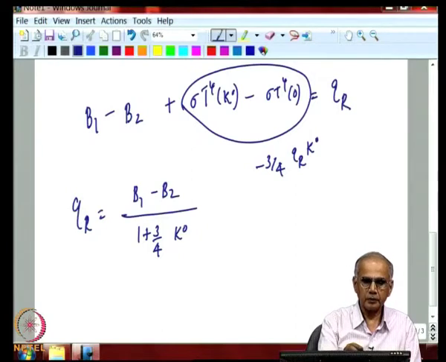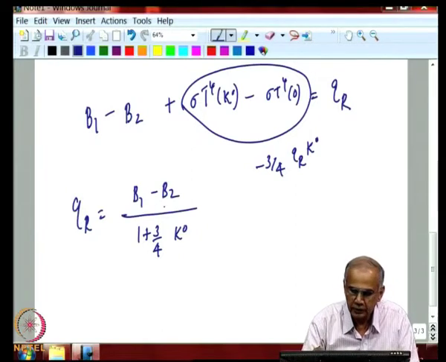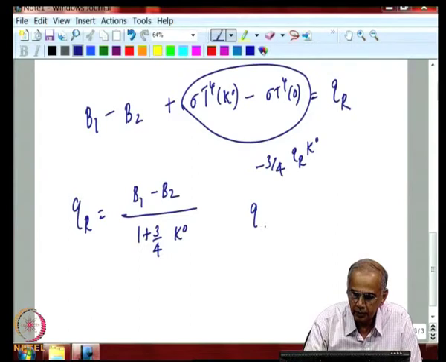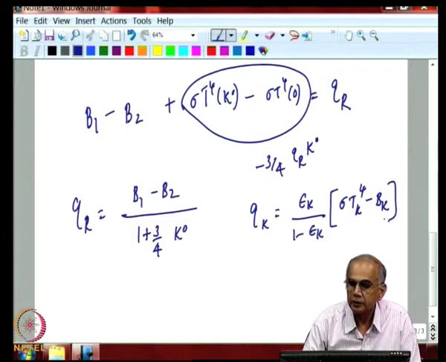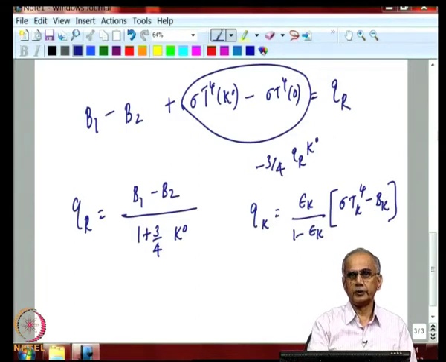The question is, what are B1 and B2? Now, if you recall from the radiative transfer closures, the flux on the k-th surface is epsilon k by 1 minus epsilon k. So, this is derived as a general relationship between flux, radiosity and the wall temperature.